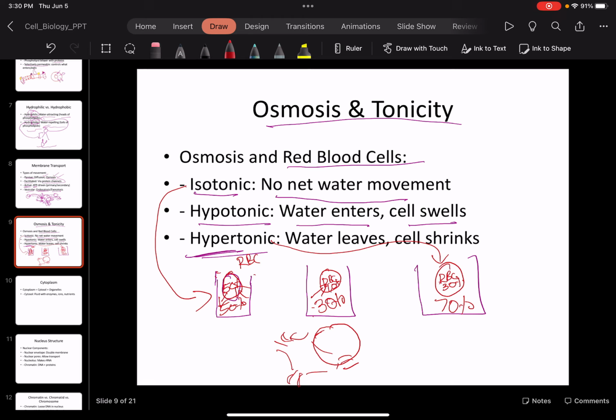Liquid from the cell goes into the solution around it. The cell is losing water, and the cells shrink. Both are not good. Sometimes swelling happens, water accumulates in certain cells, and the cells can burst.